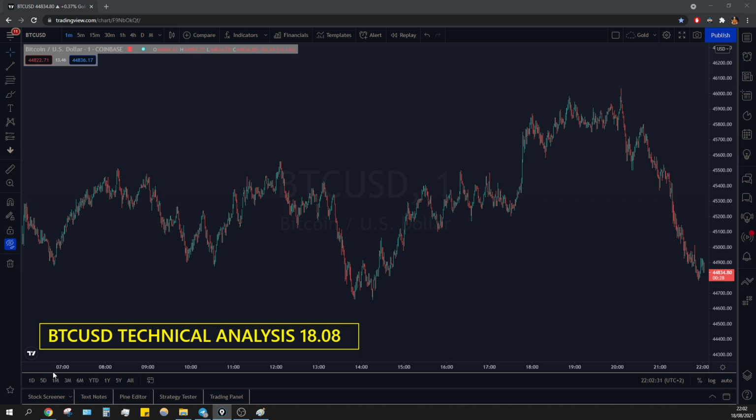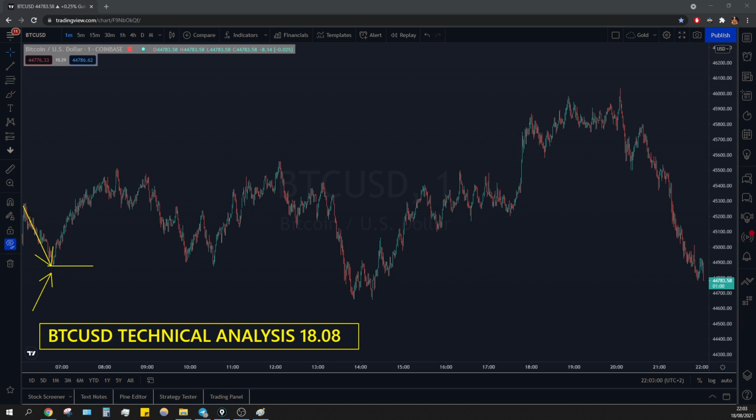This is pre-Eurozone open. We see a reaction at this level, which we can mark up. We already know about this, so we see a reaction going down during the Asian session, and then we have an impulsive bounce up, all in pre-Eurozone open.